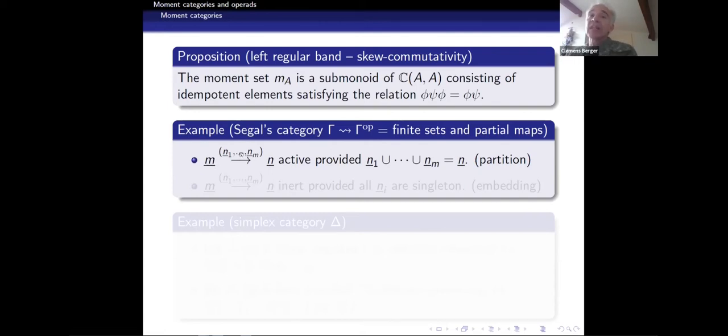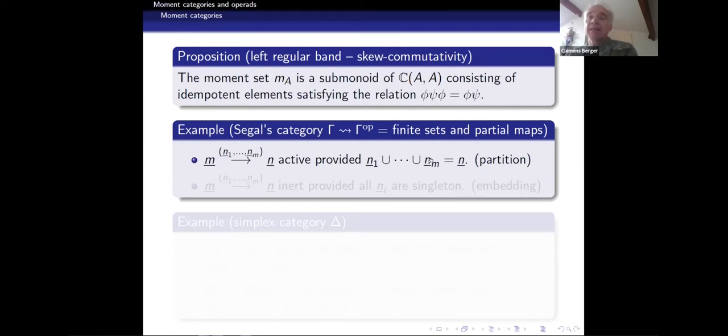Now, if the subsets cover the target, I call this morphism active. So such a morphism is active if the union of the mutually disjoint subsets covers all the target. It is possible that parts are empty, but you have a partition of the target into mutually disjoint subsets.